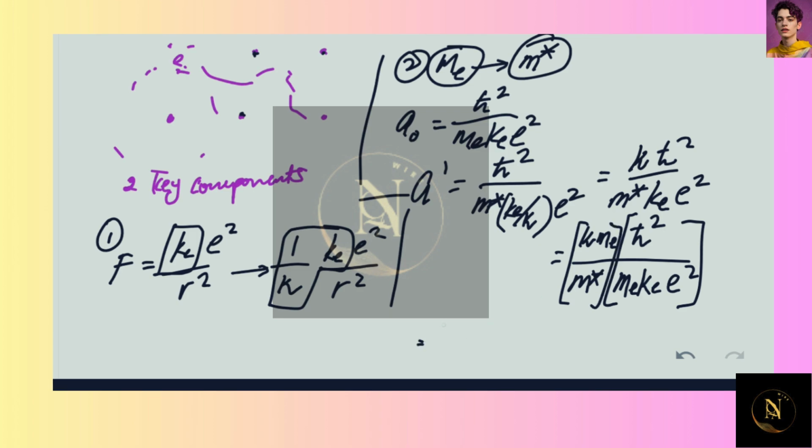So there's just kappa times me over m star times the Bohr radius.